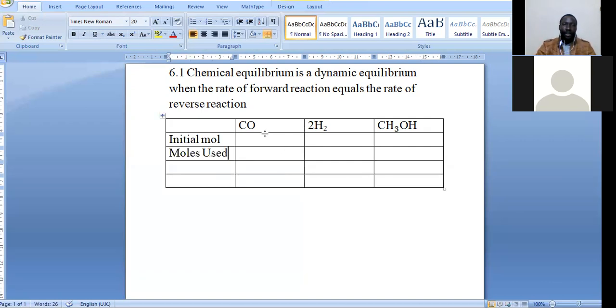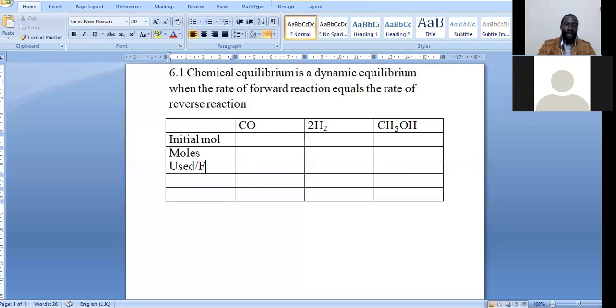And you see, the number of moles of carbon monoxide and hydrogen used is what will give us the number of moles of methanol, which is formed here. If it is not used, then it is formed. All right, number of moles formed.